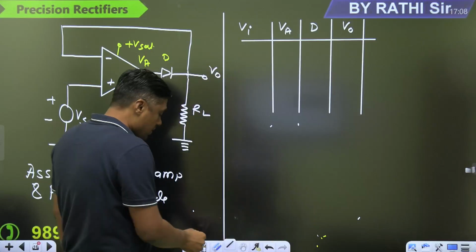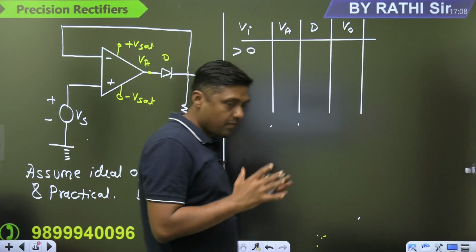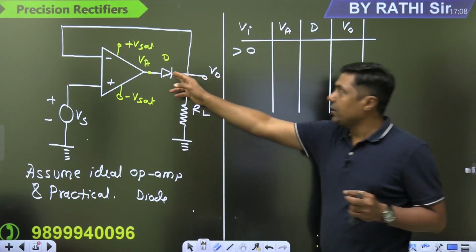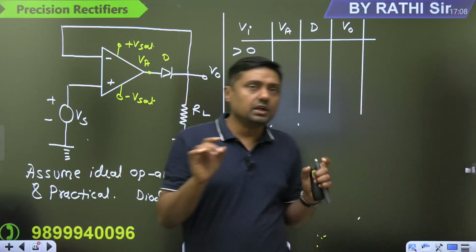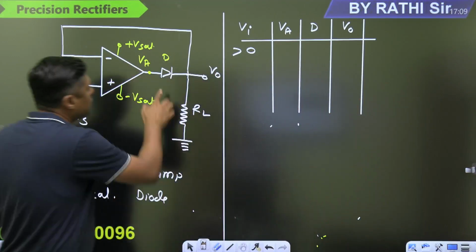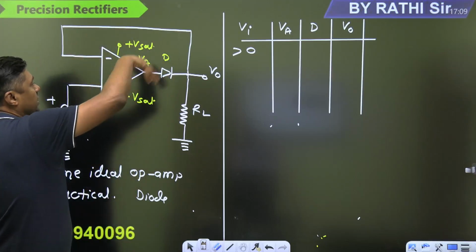Now, guys, first, during the positive half, try to understand. This is a practical diode, and initially it is off. When the diode is off, there is no diode. When there is no diode, this loop is open.